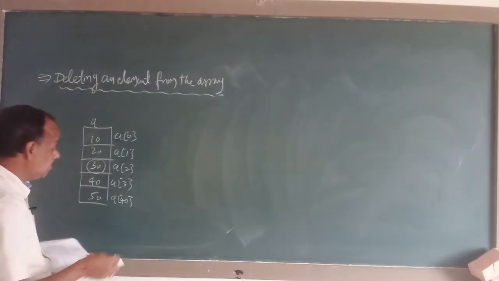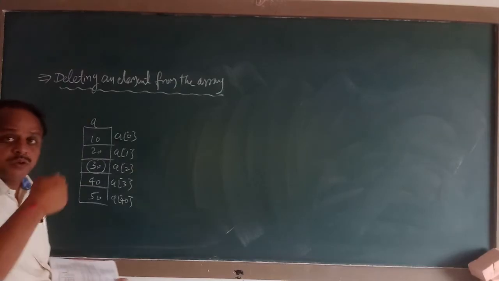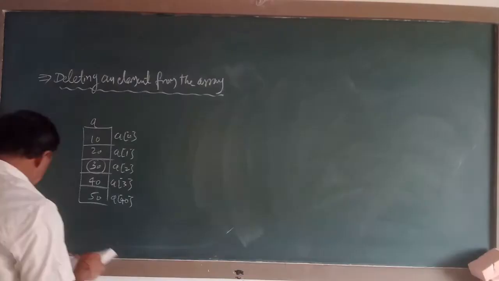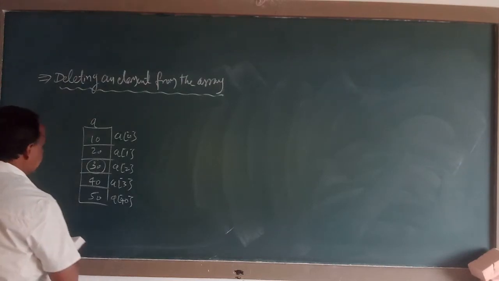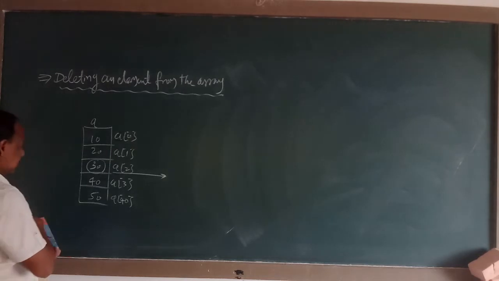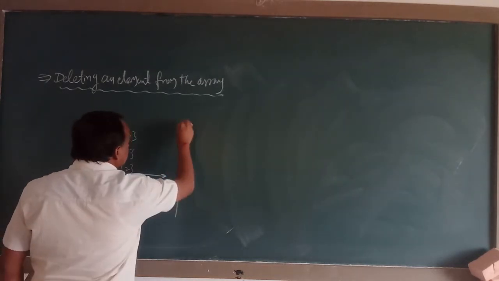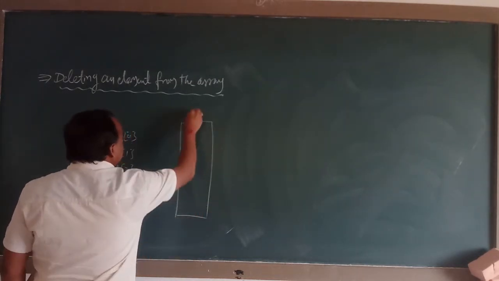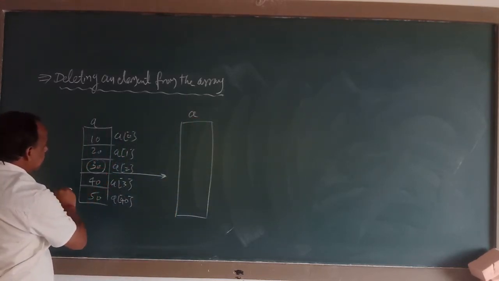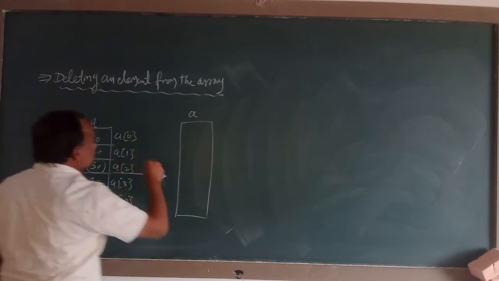Suppose we have to remove this 30 from the array, that is, we have to delete element 30, which is present at A of 2. Whenever we remove it, the previous memory locations are not affected.